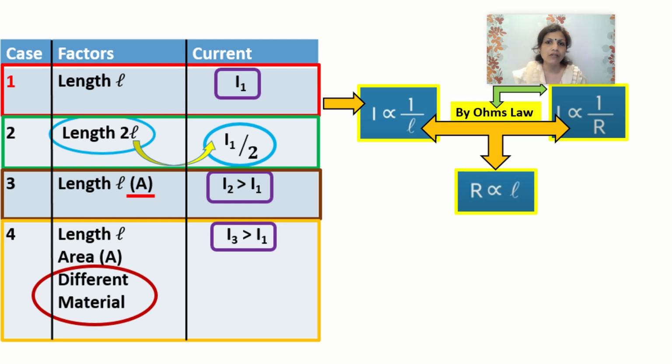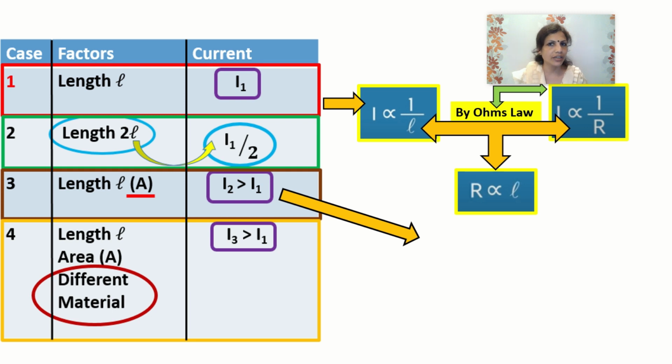Now from the third case, wherein we increased the area of cross section of the wire, we observed that when you increase the area of cross section, the current flowing through the conductor increases.